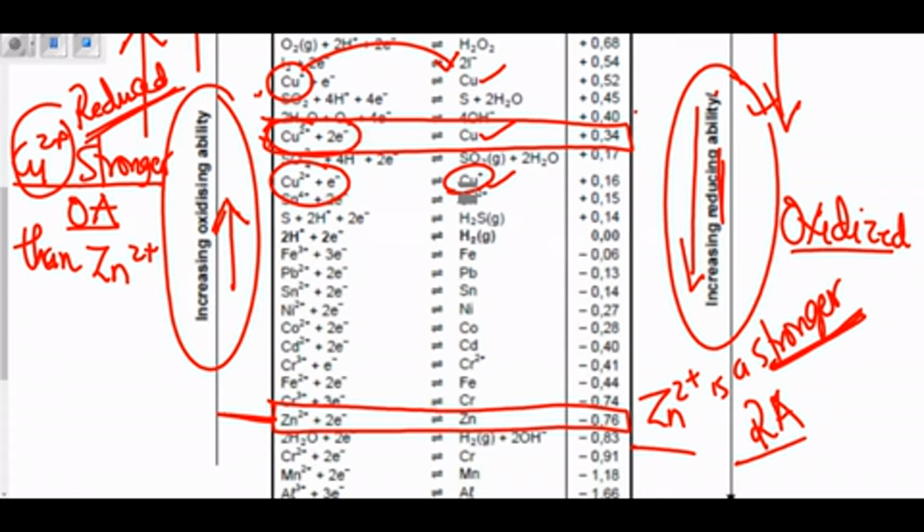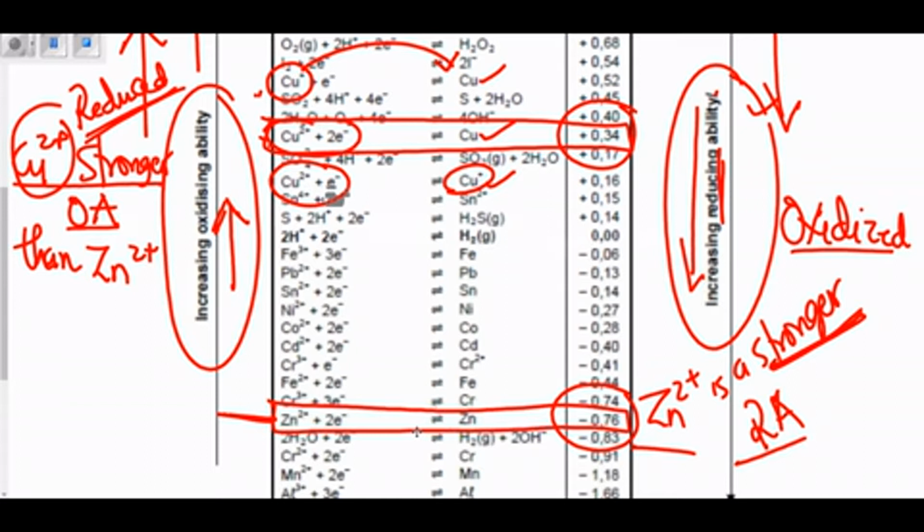Number two, I need us to look at these numbers here. There is a positive 0.34 and there is a negative 0.76. What is the implication of the positive and the negative in understanding this? Elements that are more positive are easily reduced.